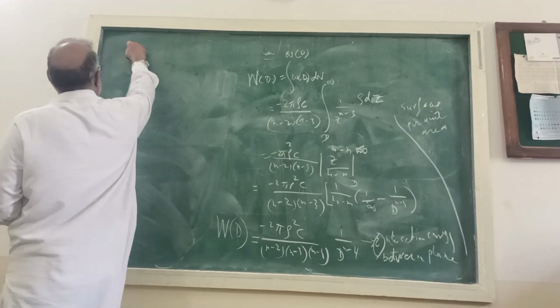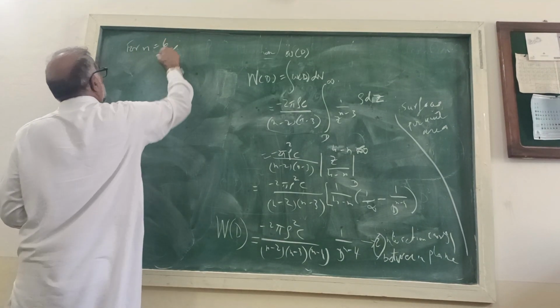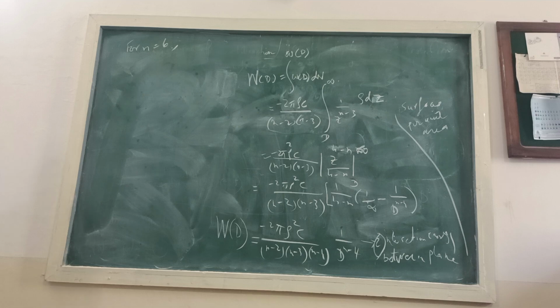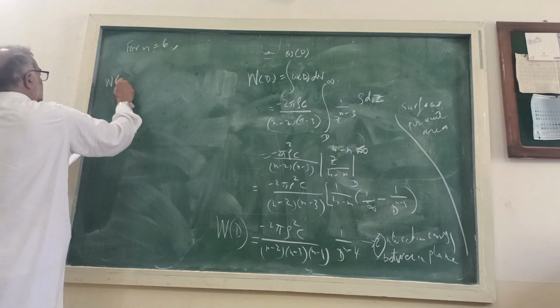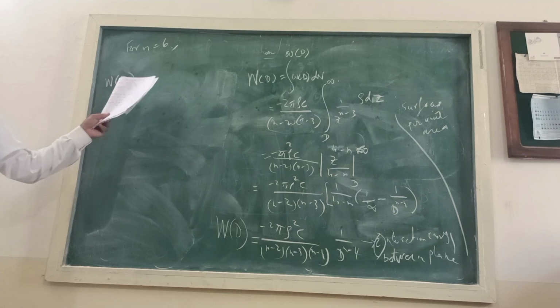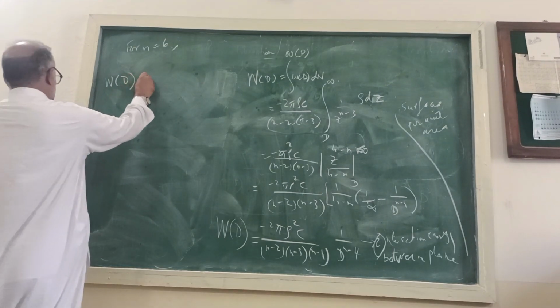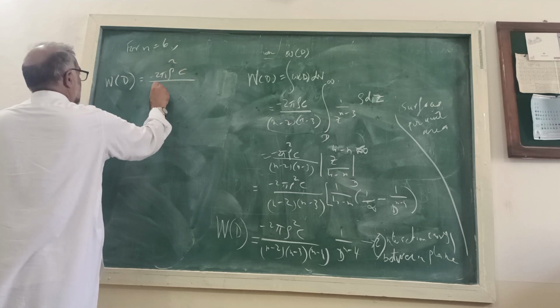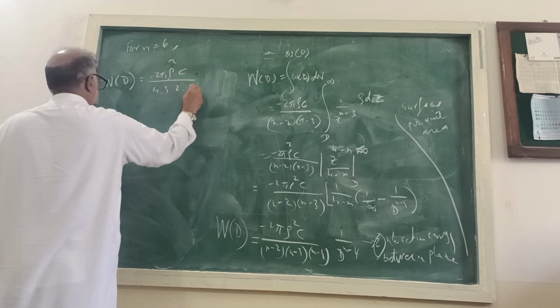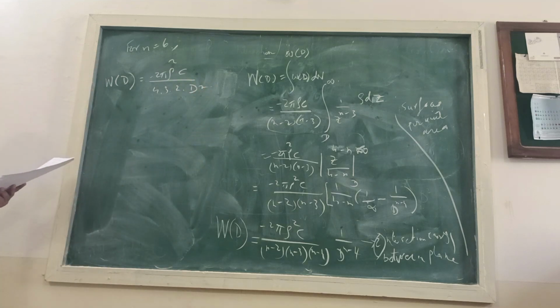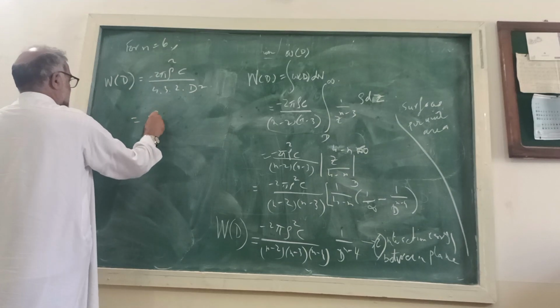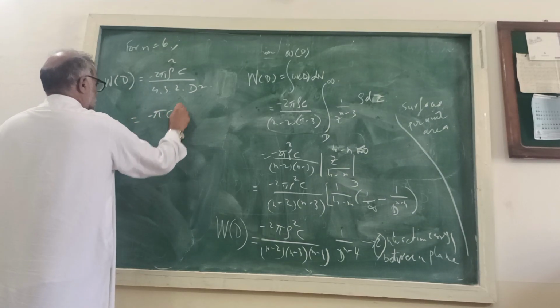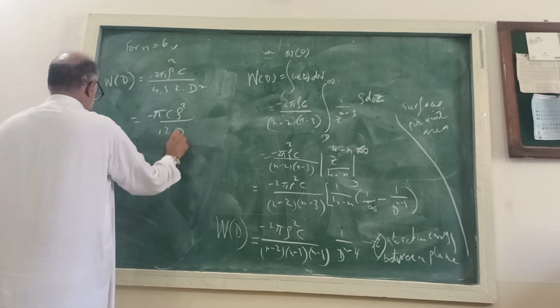So for van der Waals energy, the interaction energy at separation D is equal to minus 2 pi rho square C by 4, 3, 2 and D square, which comes out to be minus pi C rho square over 12 D square.